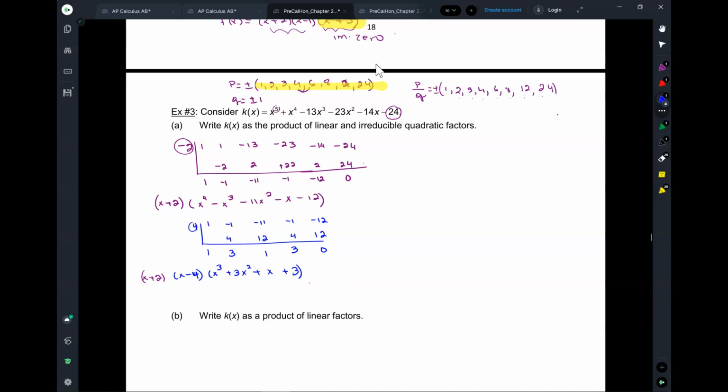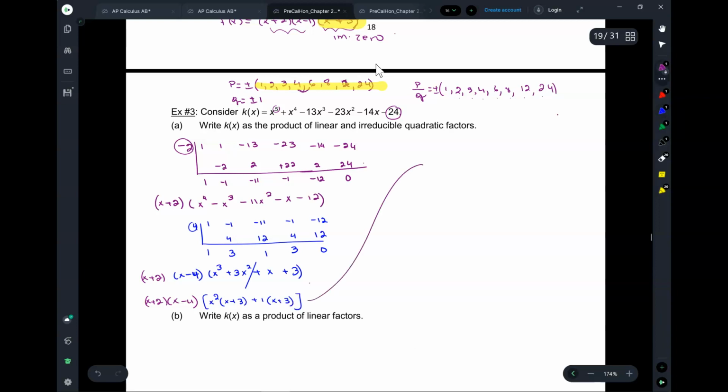I can either do it with synthetic division again, or once I get to the cubics, I want to see if I can factor by grouping. Well, this one I can factor by grouping. So all I need to do is split this up. What I had from before is x plus 2, x minus 4. And when I split that up, I can factor out an x squared, and I get x squared times x plus 3 plus 1 times x plus 3.